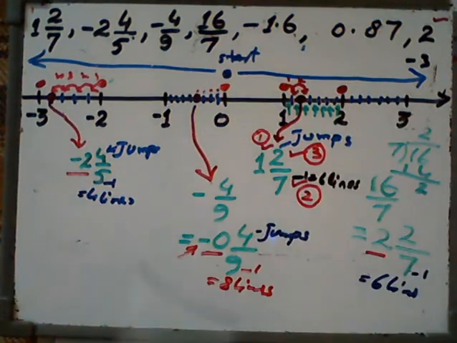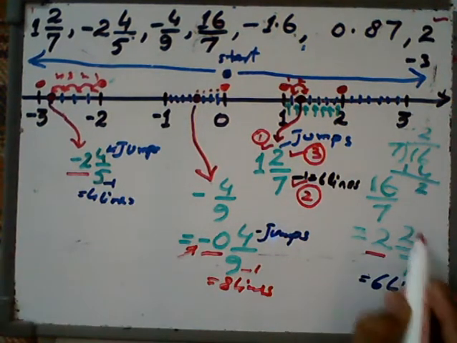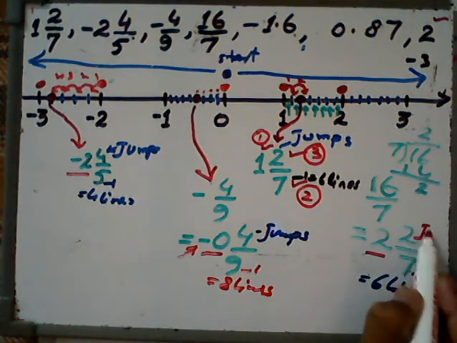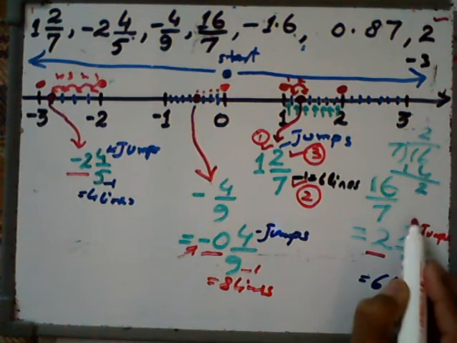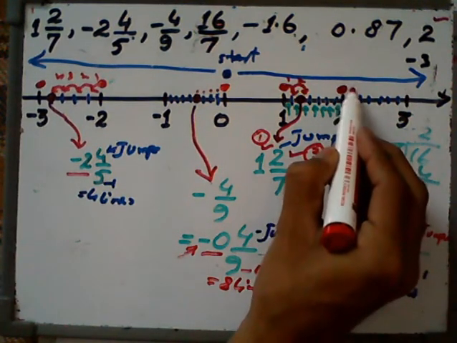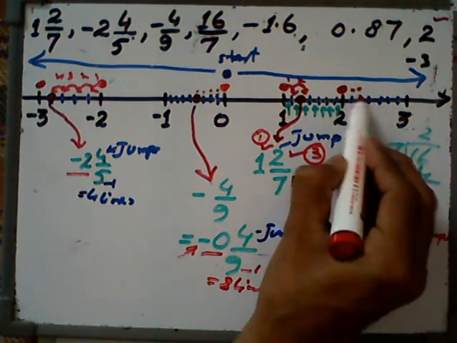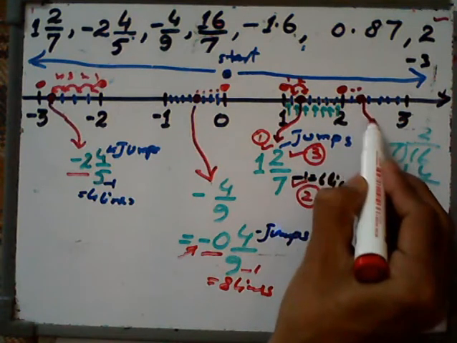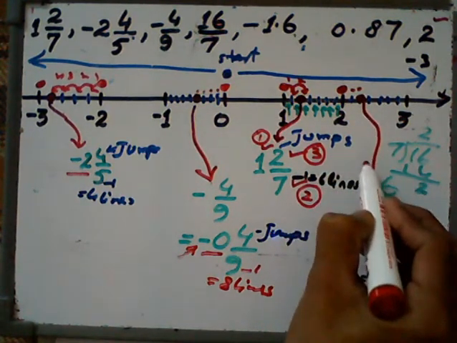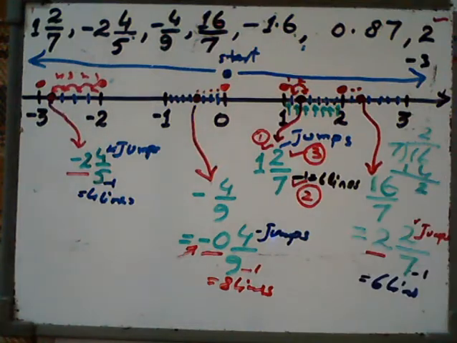So 6 lines are there, and now for the number of jumps, 2 jumps are there. We'll draw the first jump and the second jump. The second jump is our desired position of 16 by 7.